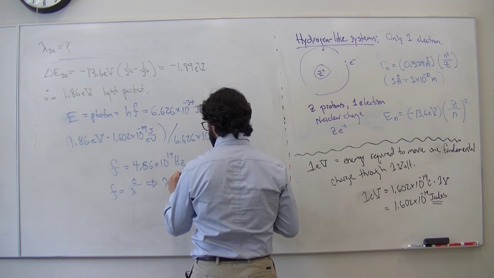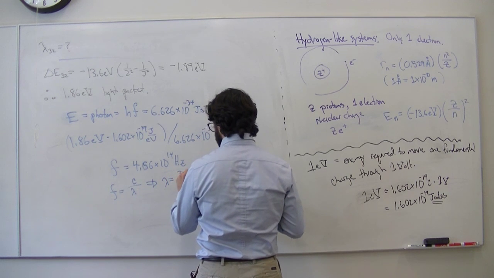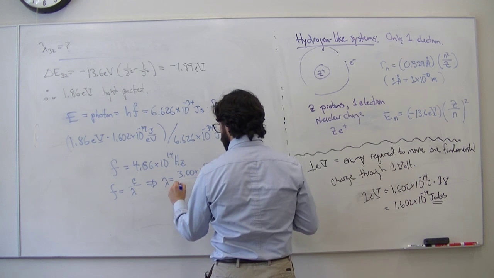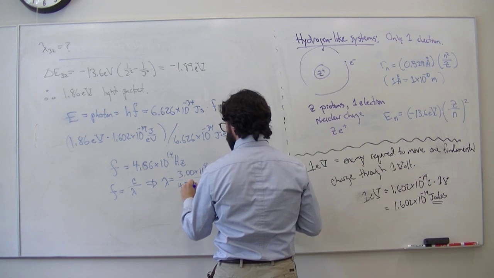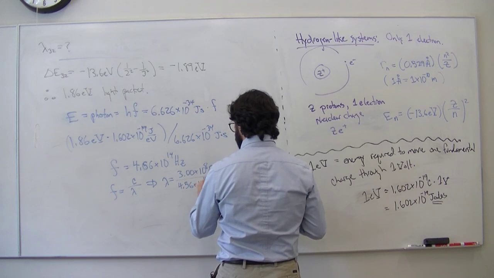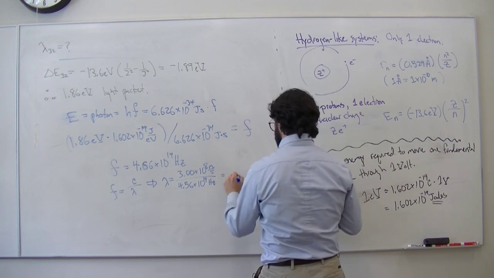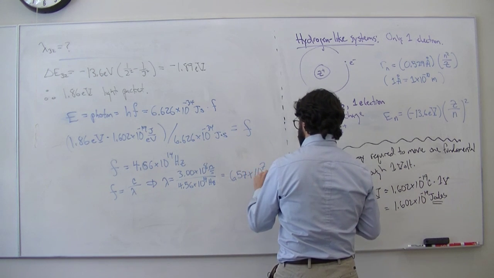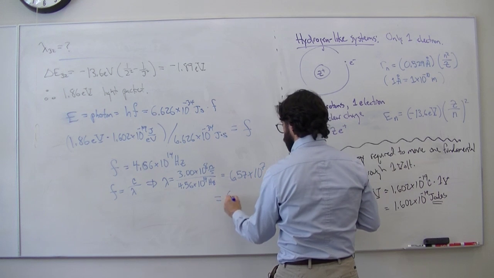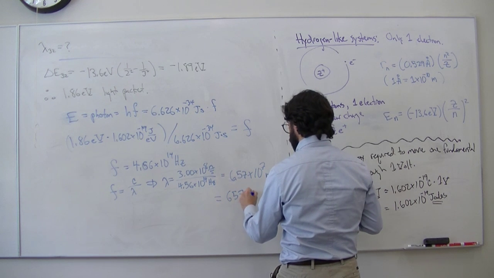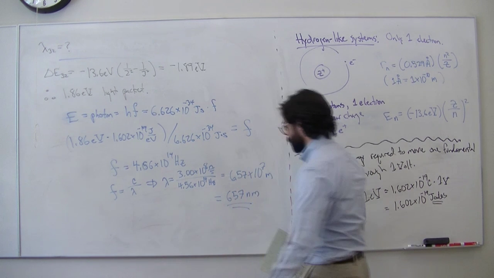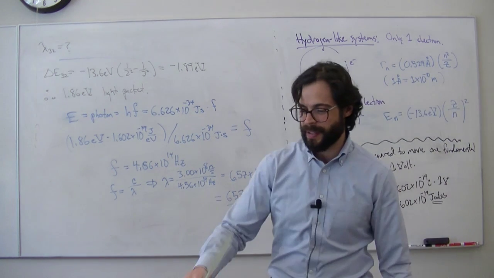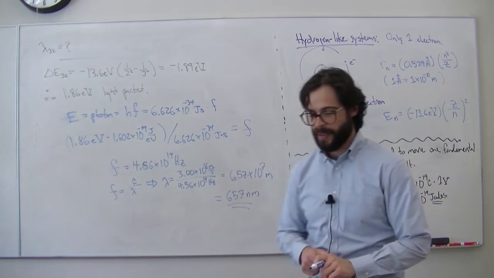So the wavelength would be c, the speed of light, 3.00 times 10 to the 8th meters per second, divided by f. And we would get 650, should be 656, I rounded a bit, 656 nanometers.